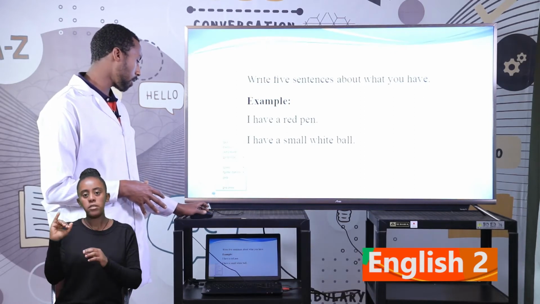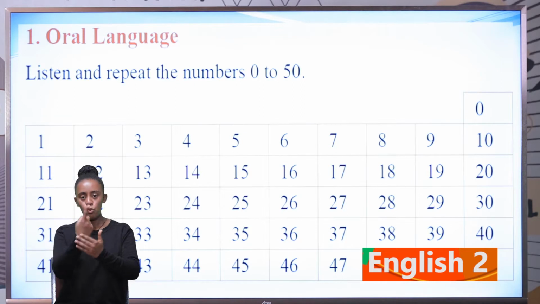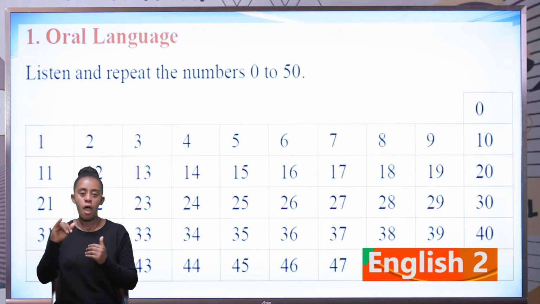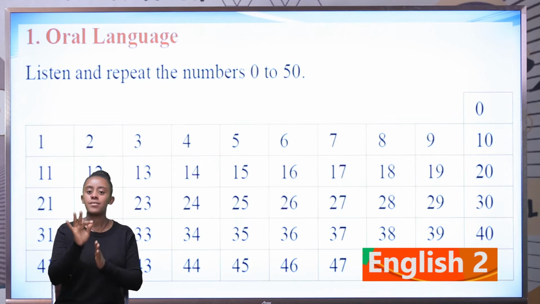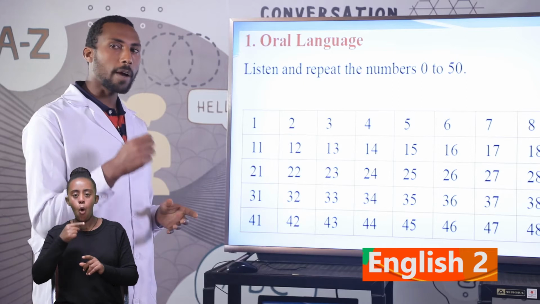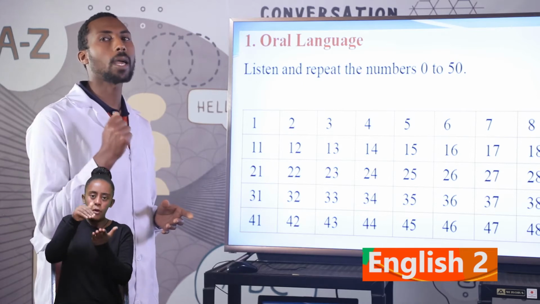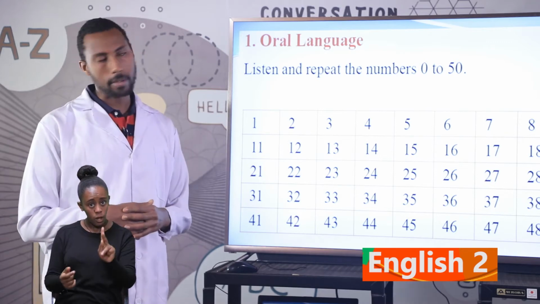The next point is talking about numbers. Number 1 says, oral language. At this time, you have to repeat words orally. Look at the direction.